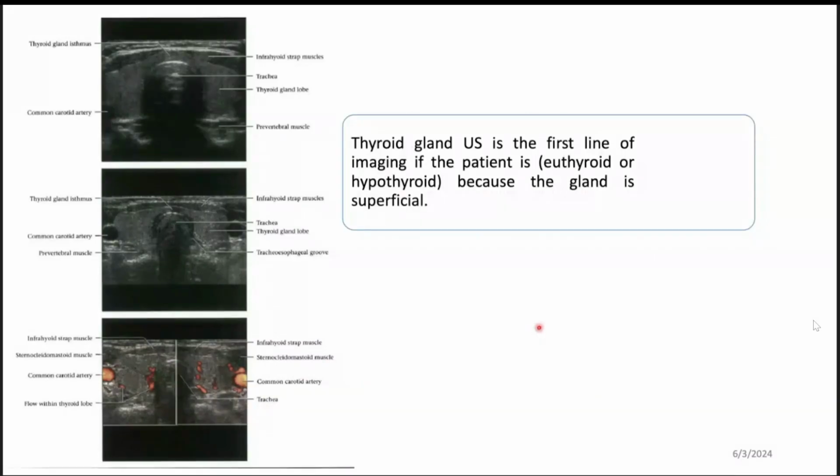Okay, so as I mentioned, imaging of the thyroid gland is by using ultrasound as the first line, whether it's for abnormal thyroid function test, whether it's for a lump or a mass, whether it's for suspicion of malignancy or enlarged lymph nodes.